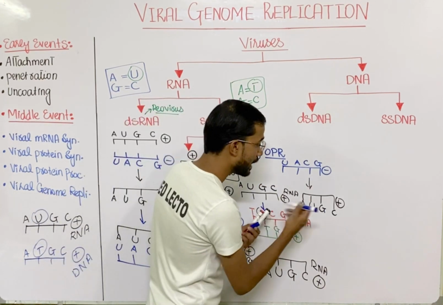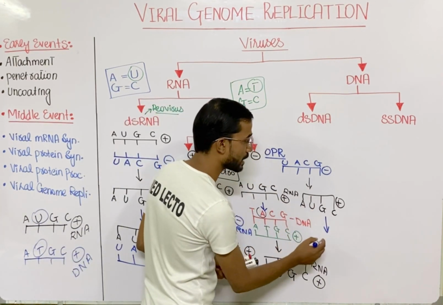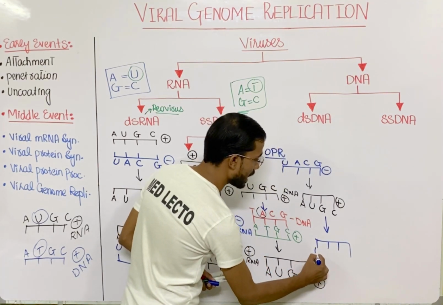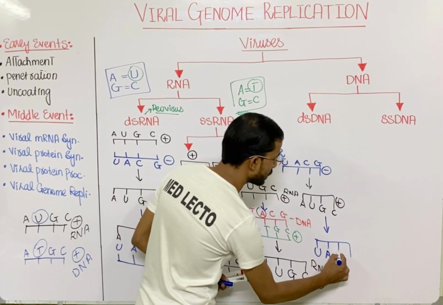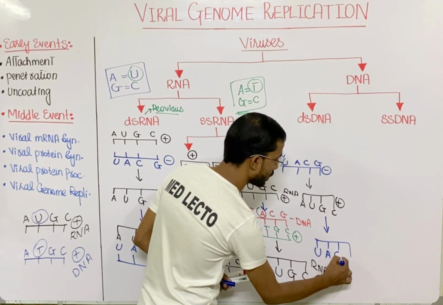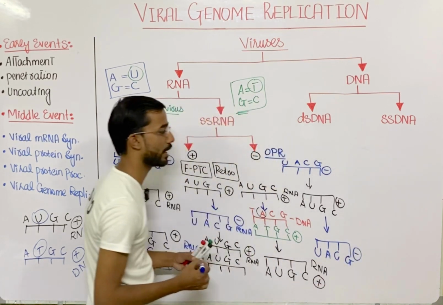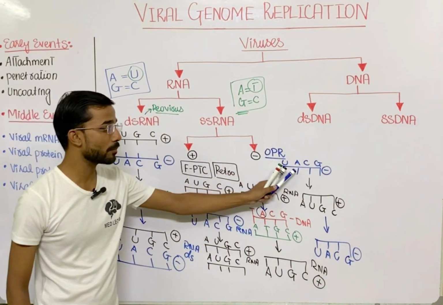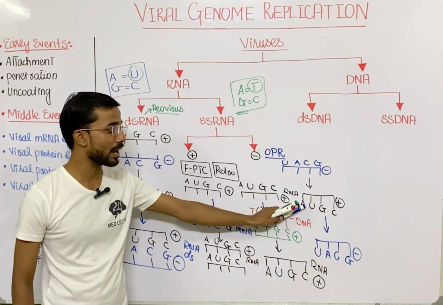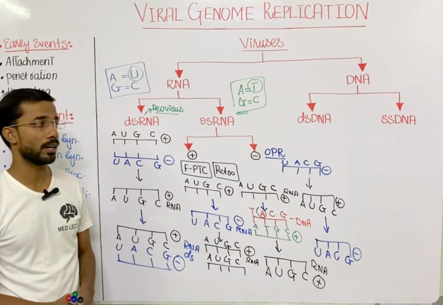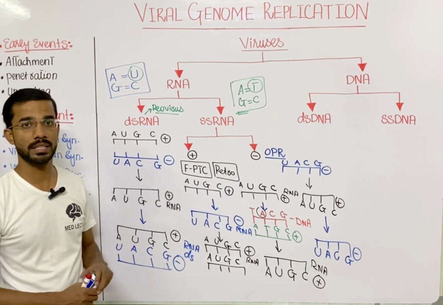So after that, this positive polarity strand acts as a template and forms several copies of the negative, that is UACG. Now this is the negative polarity. So from negative it will convert into the positive, and the positive will act as a template and form several copies of the negative strand. So this is how negative RNAs replicate.